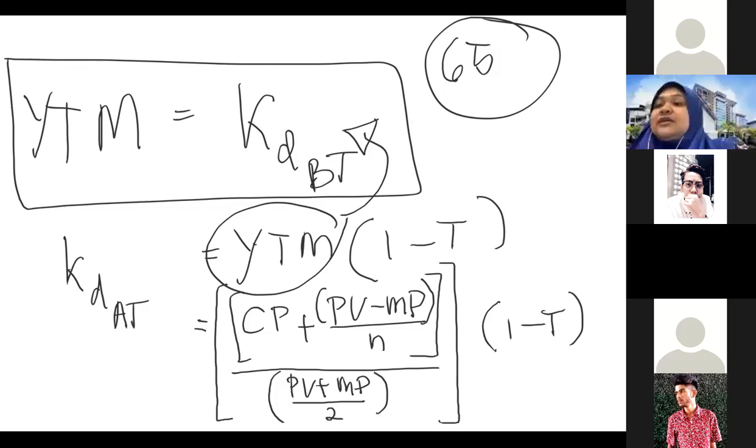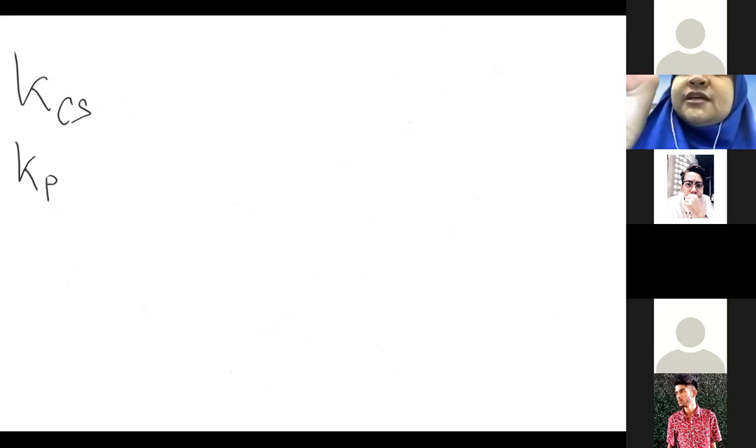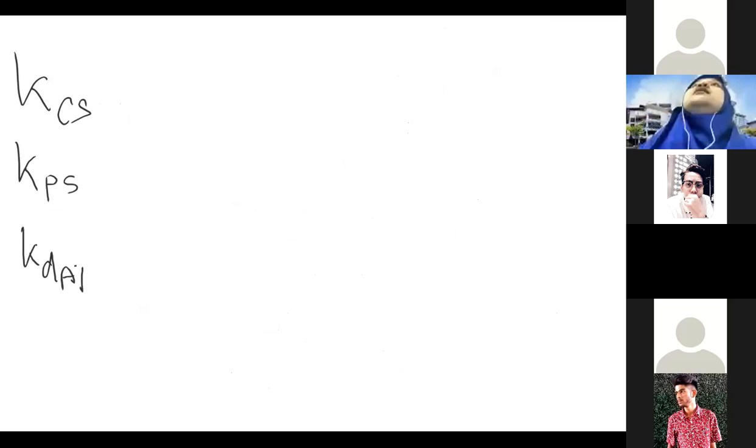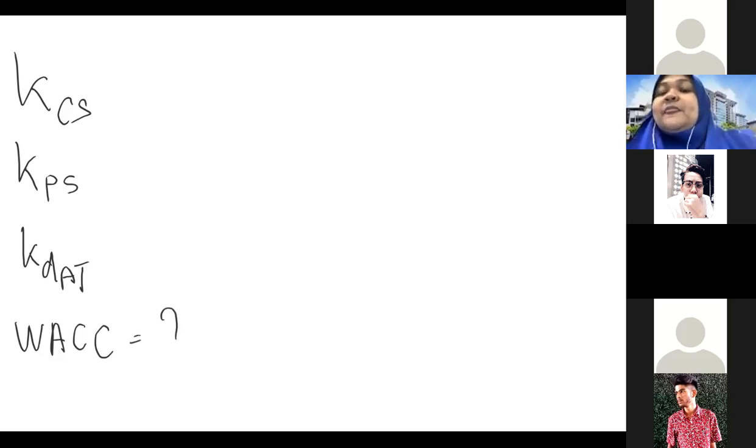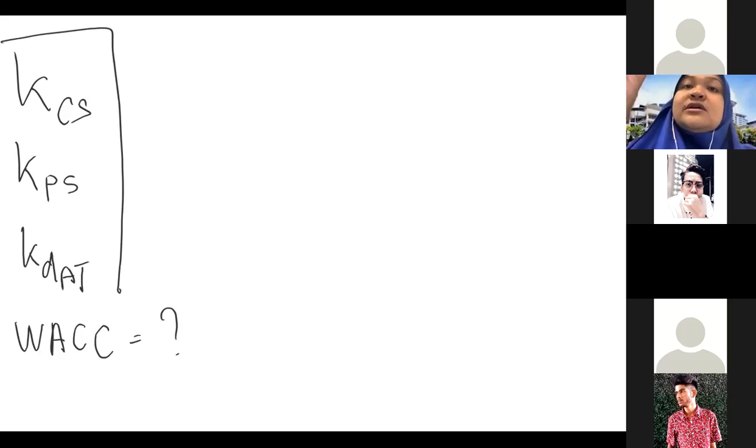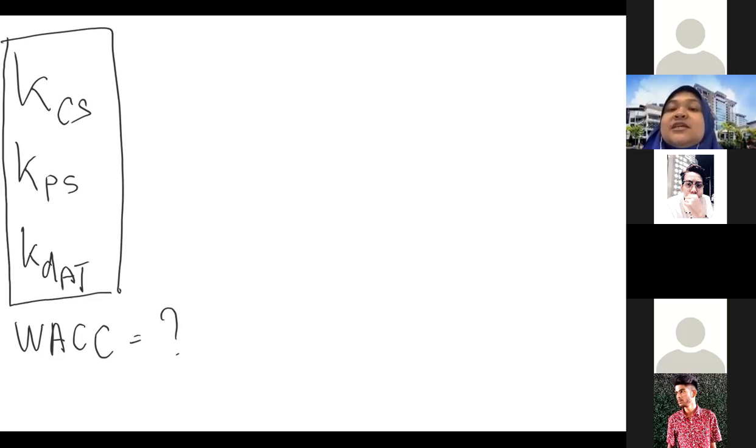Okay, last but not least, once you know the cost of common share, cost of preferred shares, and cost of debt after tax, you need to calculate the WACC. So what is WACC? WACC is a combination of all these three capital structures. So on average, what is the cost of the total capital structure that the company has?